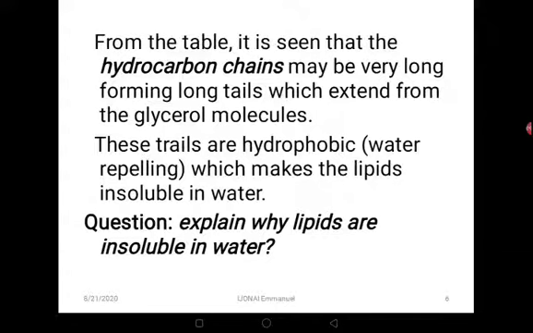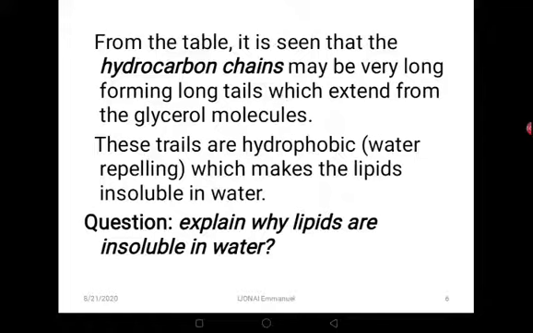Now from that table we have seen that the hydrocarbon chains may be very long, depending on the number of carbon atoms, forming very long tails which extend from the glycerol molecule. These tails are hydrophobic, or water repelling, which makes the lipids insoluble in water.